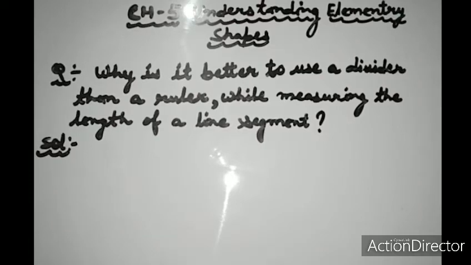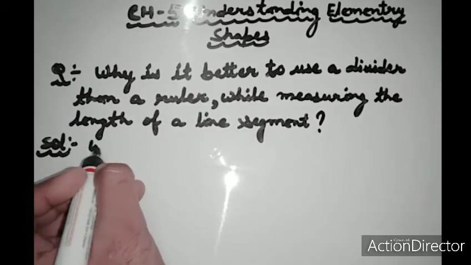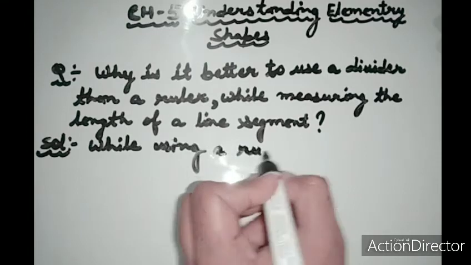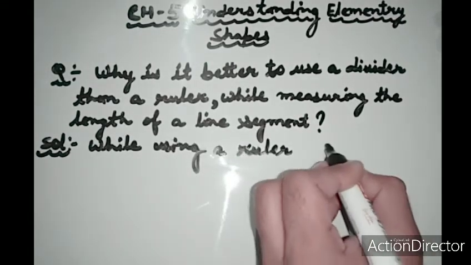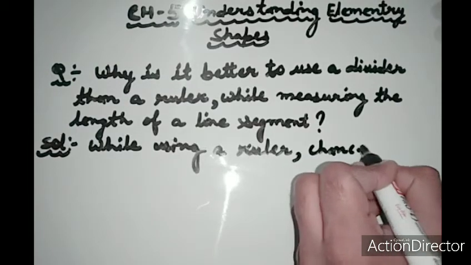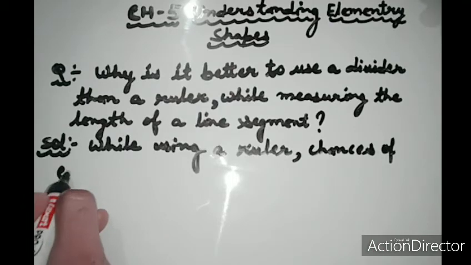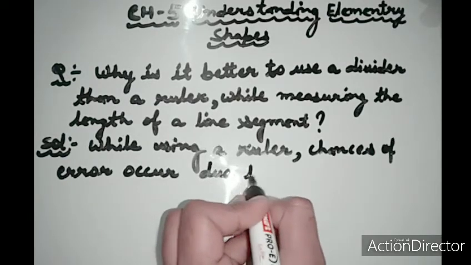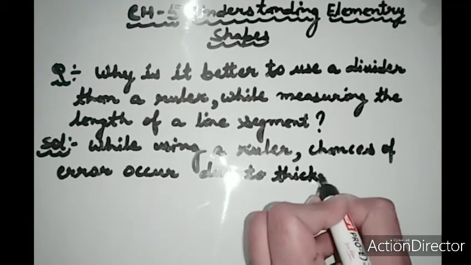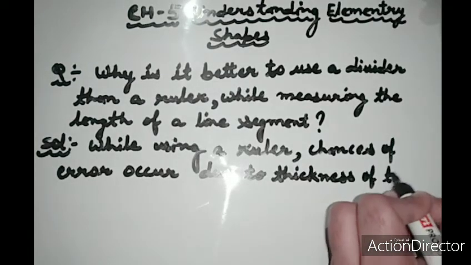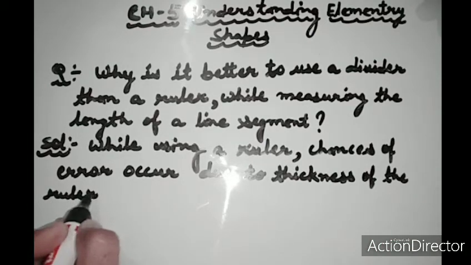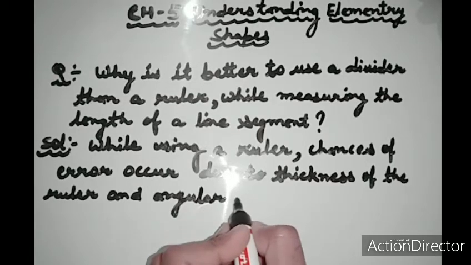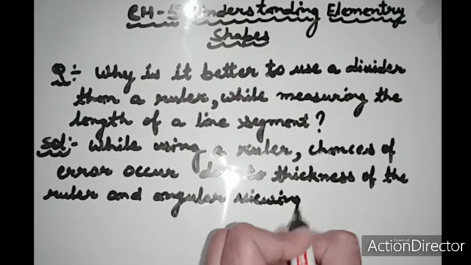So here we write: while using a ruler, chances of error occur due to thickness of the ruler and angular viewing, right?